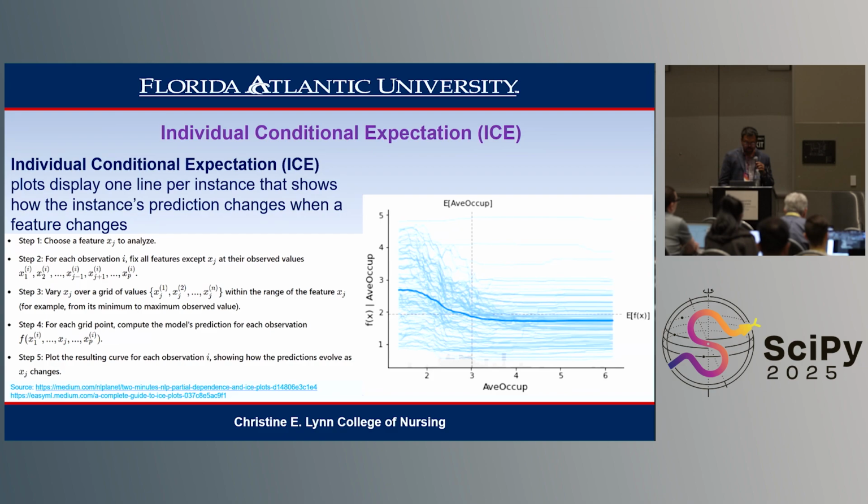Now we are going to look briefly into other things. This is called an ICE plot. What you do is take a particular instance and vary the feature value, then look at the model output, and you see for every instance how the model responds if you change that feature.